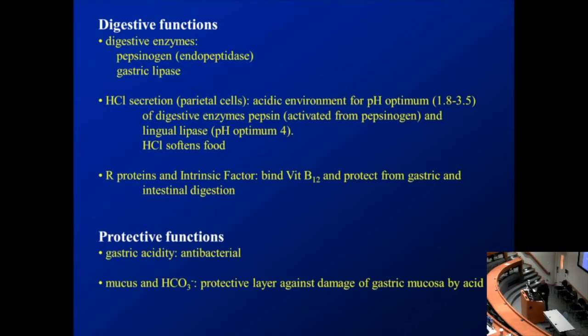But the main thing is the gastric acidity kills bacteria, and also it softens food and helps the digestive process and helps the digestive enzymes to actually chemically break down these macromolecules. And I mentioned the mucus and bicarbonate that provide this protective layer just at the apical membrane of these epithelial cells in order to protect themselves from, in quotation marks, self-digestion within the lumen of the GI tract.